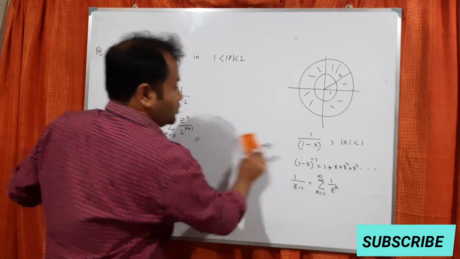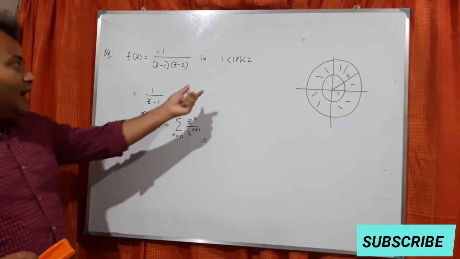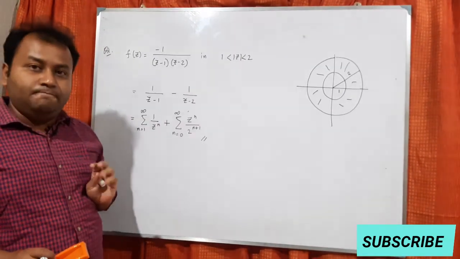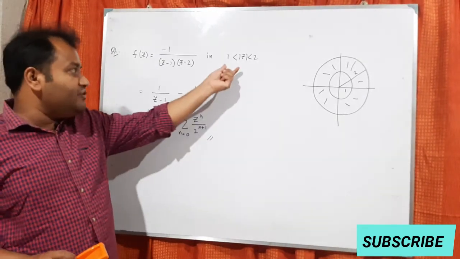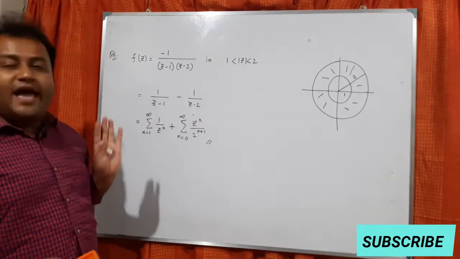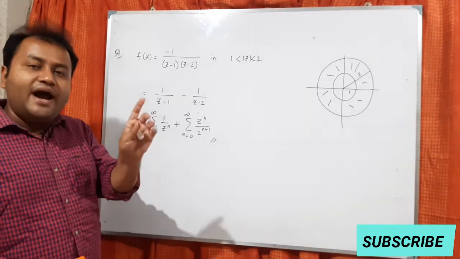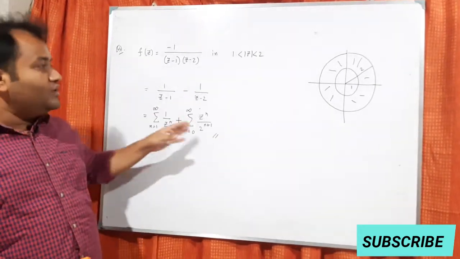So for any problem, you first carefully observe the inequality. When you get the proper idea of the inequality, you see the terms, act according to the terms, and always find some term where the modulus is less than 1. We have done that.